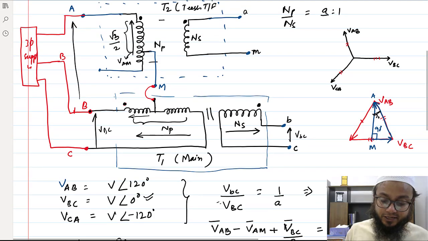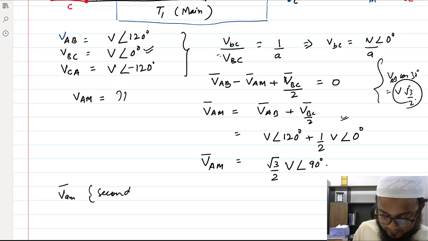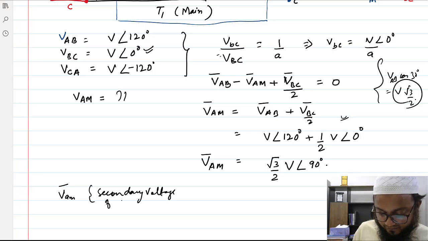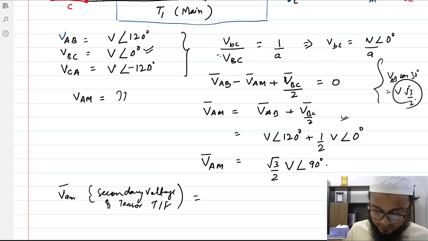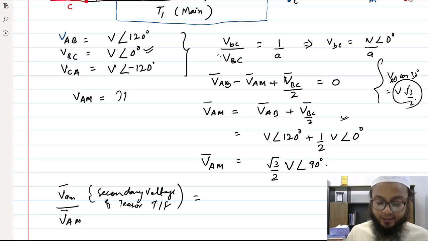So what would be the voltage appearing here? Let's say small vam, which is at the secondary side, the secondary voltage of the teaser transformer. Capital VAM upon small vam would be the turn ratio, right?